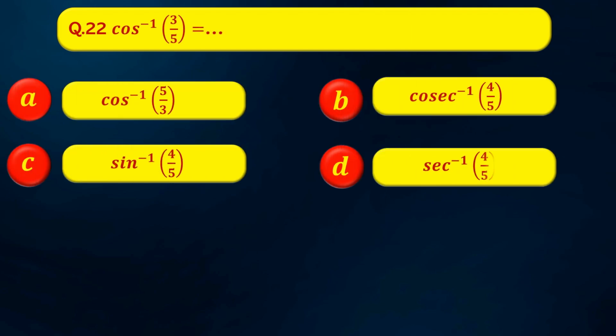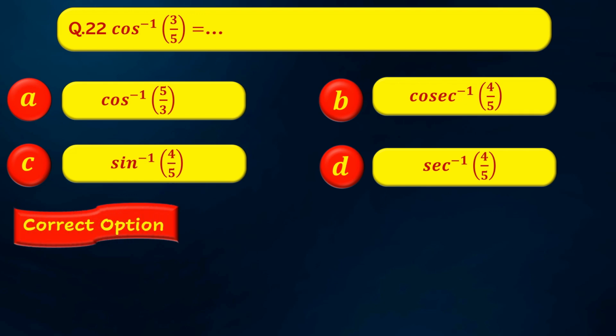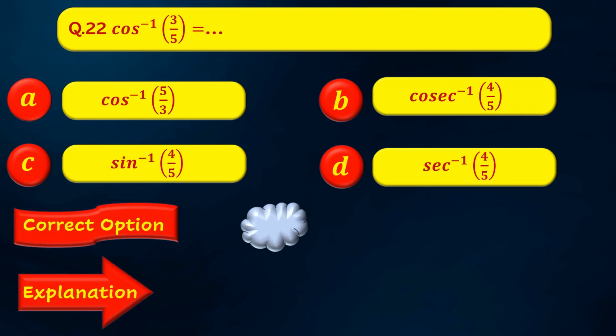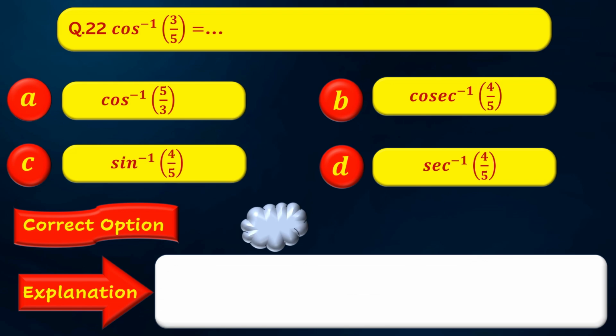Question number 22. Cos inverse 3 over 5 is equal to, and the options are, let's find out which one is the correct option. But before that, we explain it. Here we put cos inverse 3 over 5 is equal to y. It gives cos y is equal to 3 over 5. Now we know that cos square y plus sin square y is equal to 1.